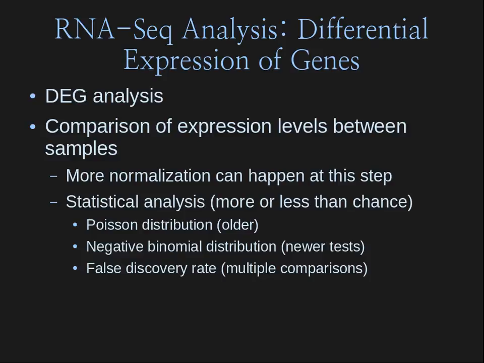The one that we did yesterday was the negative binomial distribution. The Poisson distribution test has been previously used, but it doesn't work quite as well.